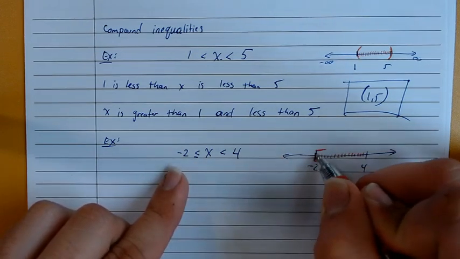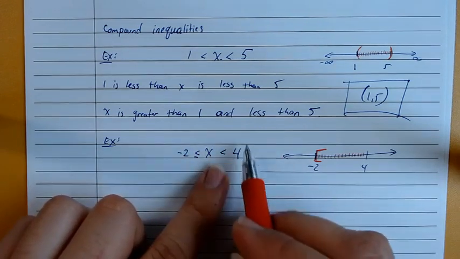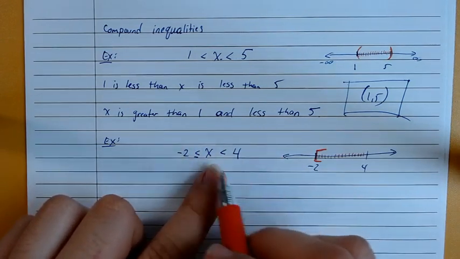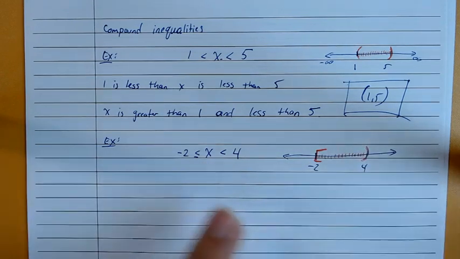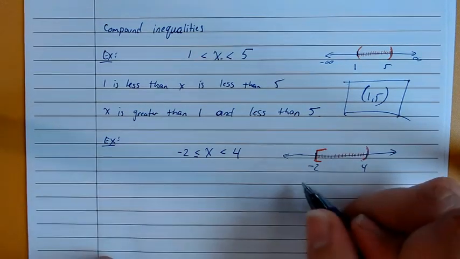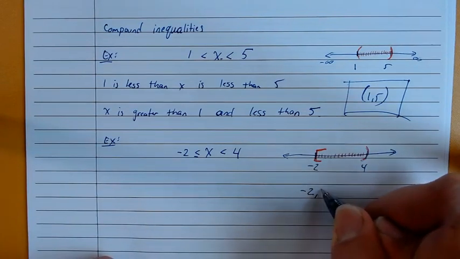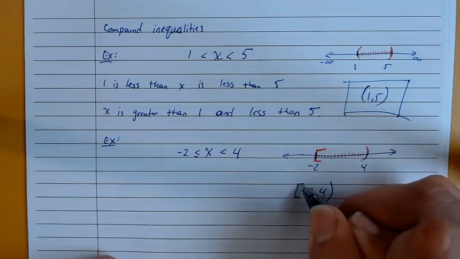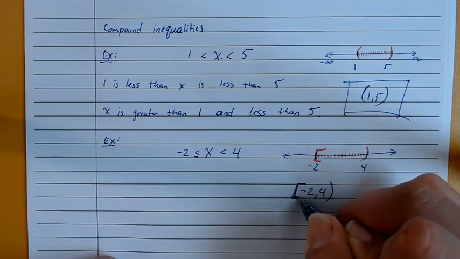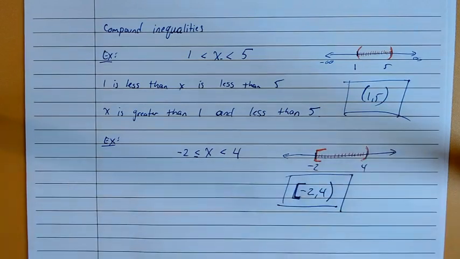So we use a square bracket. But over here, we want to exclude the number 4. An exclusive inequality. We use a round parenthesis. So to write this in interval notation, we would have -2 up to 4 with a bracket around the -2 and a parenthesis around the 4, just like that.